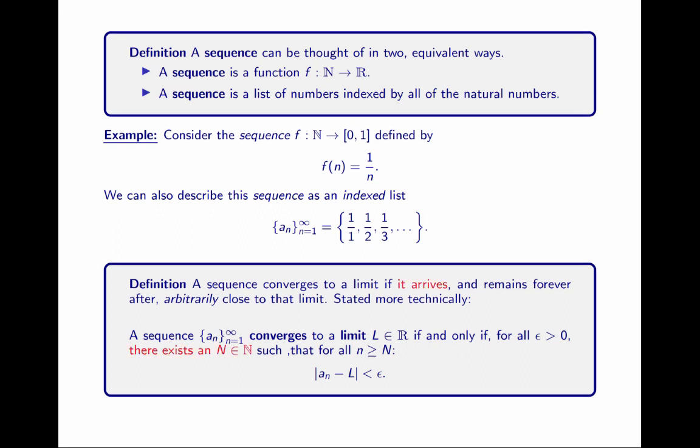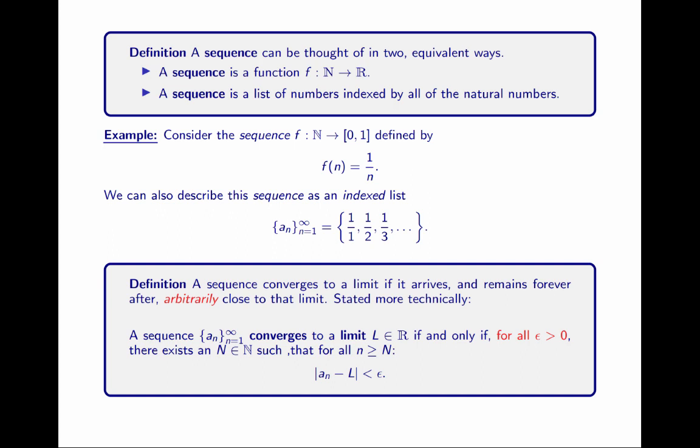Now, how does that technical definition match that first definition? Well, when we say it arrives, that corresponds to big N. Big N is the point where it gets and remains within epsilon of the limit L. When we say it remains forever after, that's because for all indices greater than or equal to that big N, I'm within epsilon of my limit. So that's what we mean when it remains forever after arbitrarily close.